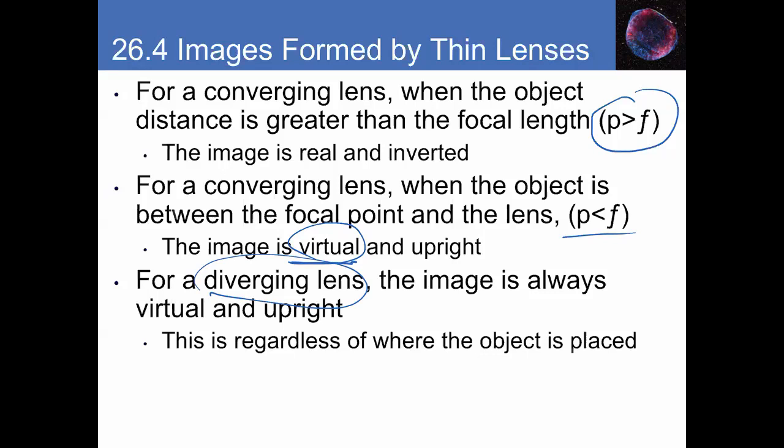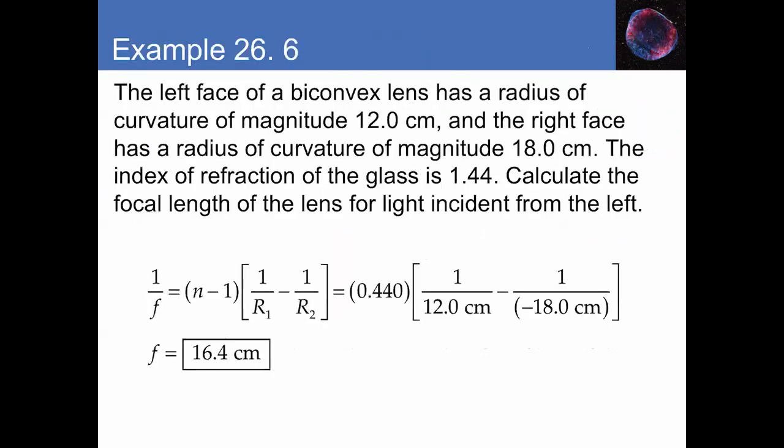Okay. So let's look at this example here. I have the work, but we should be able to follow it. The left face of a biconvex lens has a radius of curvature of magnitude 12 centimeters, and the right face has a curvature of magnitude 18 centimeters. The index of refraction of the glass is 1.44. Calculate the focal length for light incident from the left. Well, remember, we are given the radii. We don't know where the object is positioned, and we don't know where the image is. But given radius 1, radius 2, we can use the Lensmaker's equation to find f.